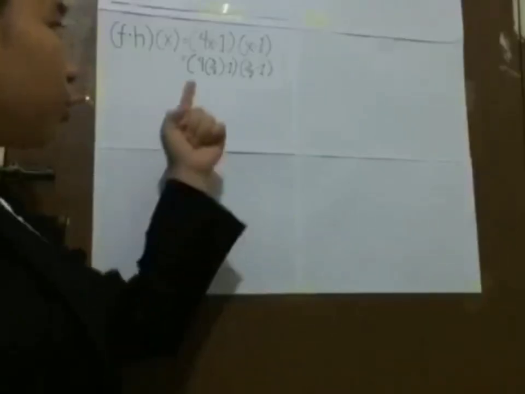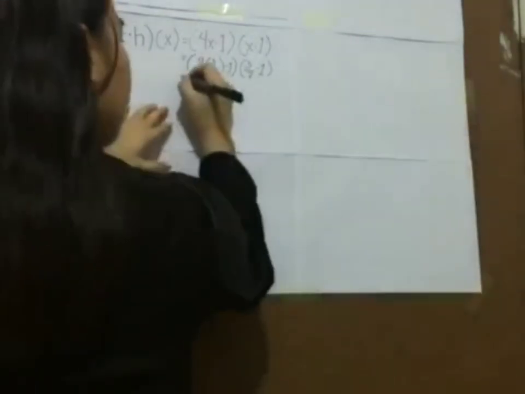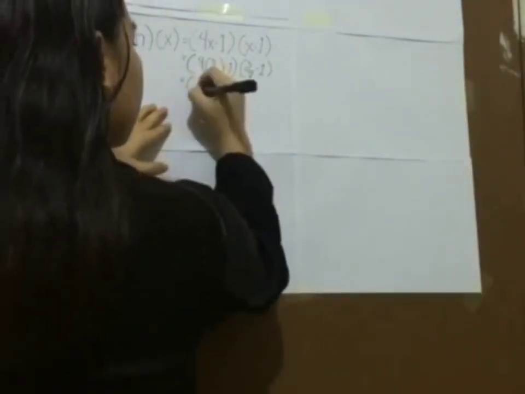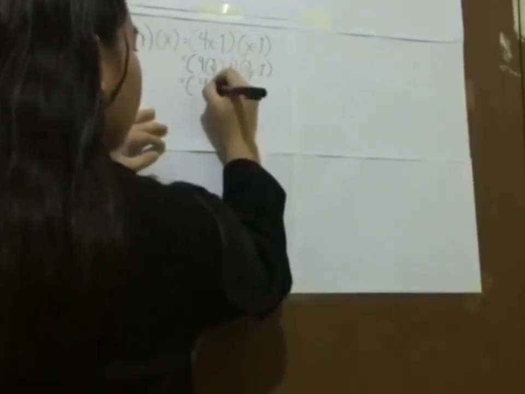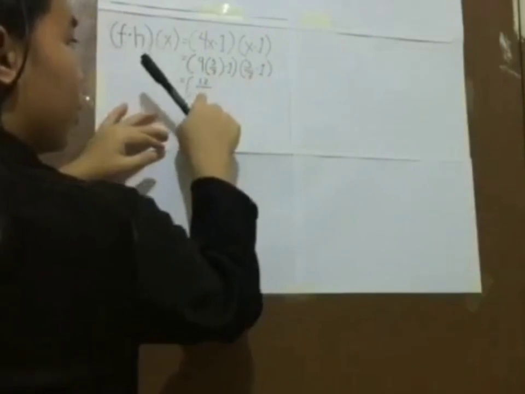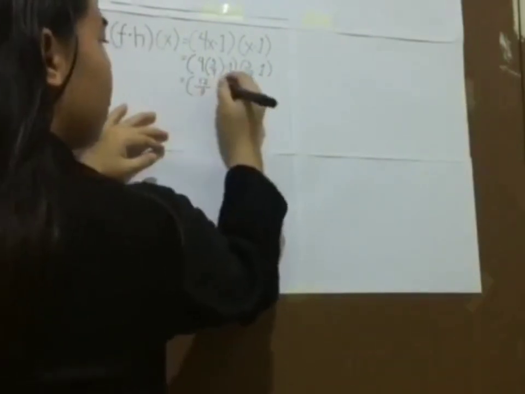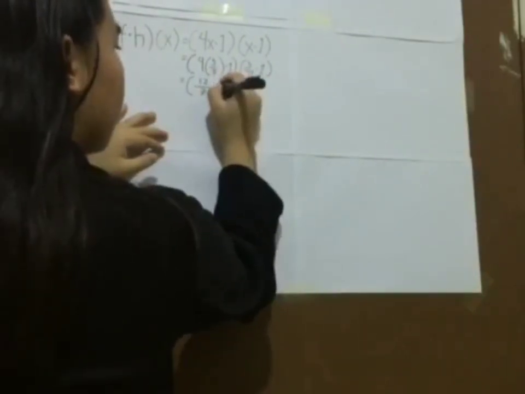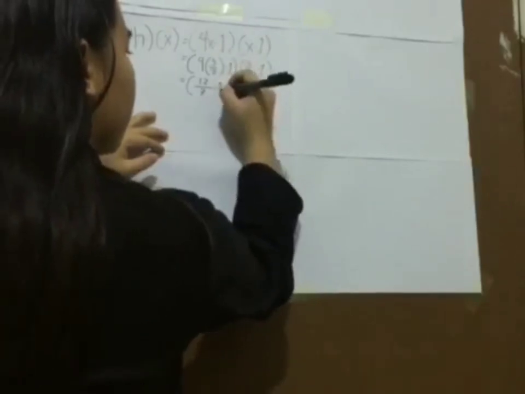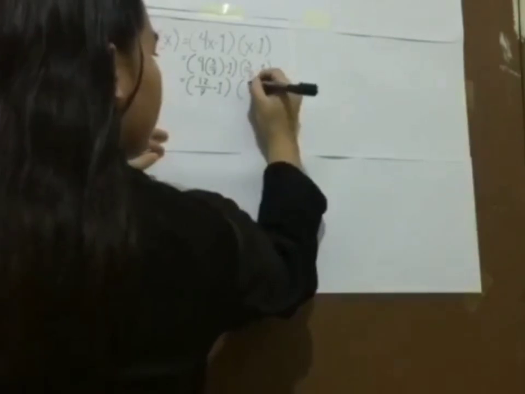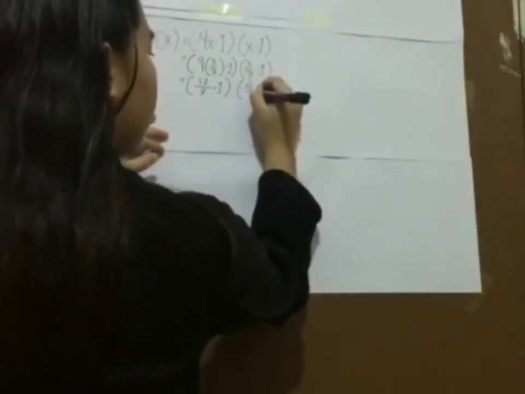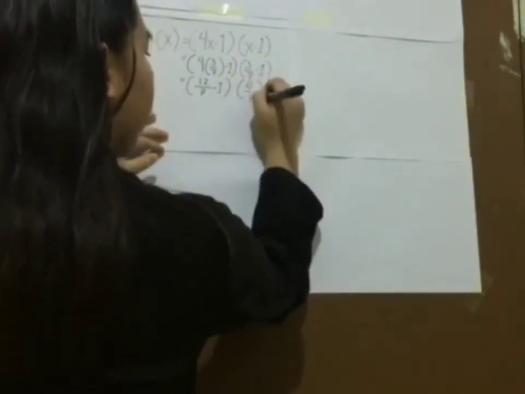And we're going to solve it. So it will be 4 times 3 is 12 over 7 minus 1. The next is 4 over 7.